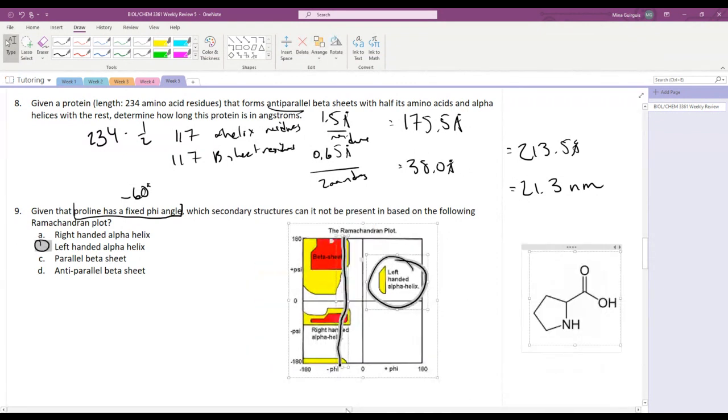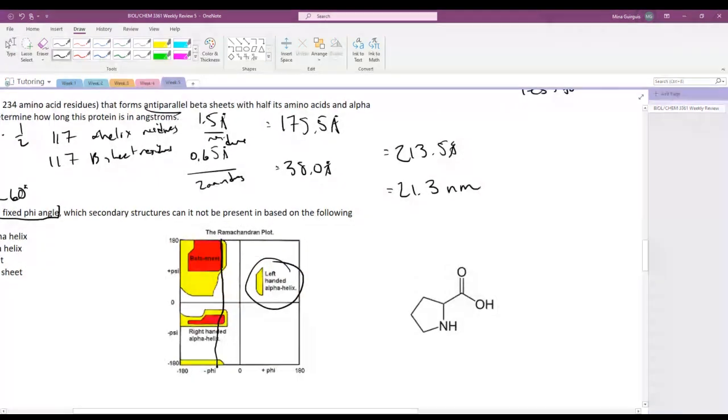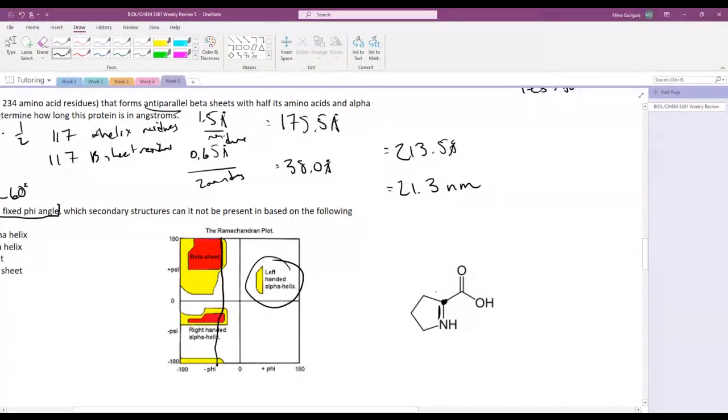Never mind. So yeah, proline's got, this is its central carbon, and then this is its bond to the N-terminus. It's very rigid here because what we're dealing with is this cyclic structure. And so it's got this forced bond of about negative 60.